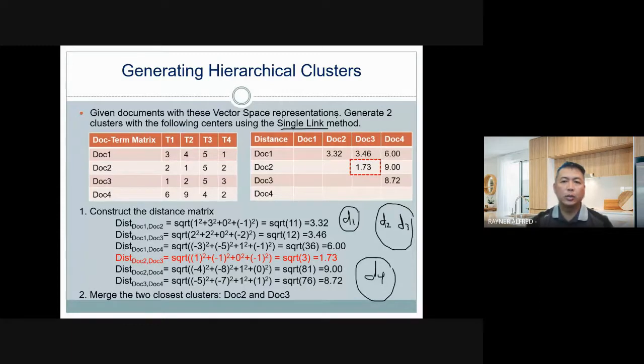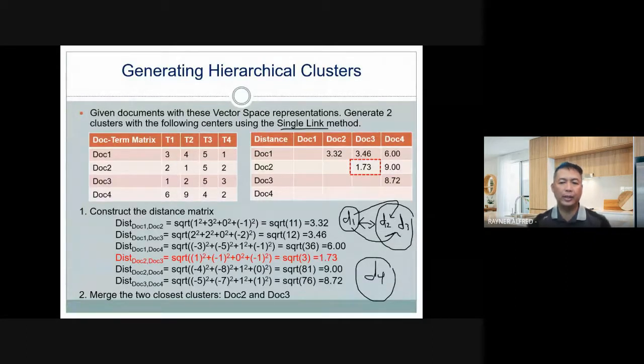Okay, since we are using single link, when we try to determine the distance between these two, we have to find the smallest distance between D1, D2 or D1, D3. So that will be the distance between these two clusters. We find the minimum distance.